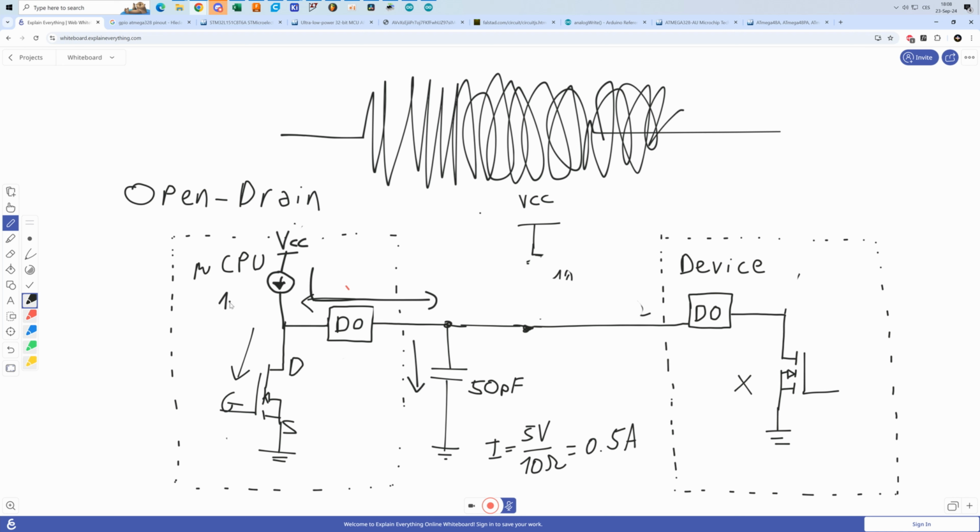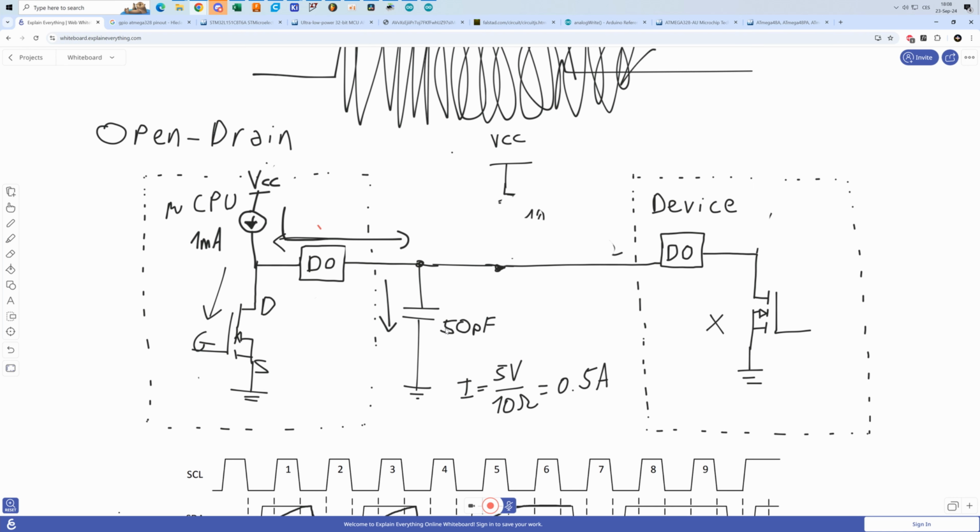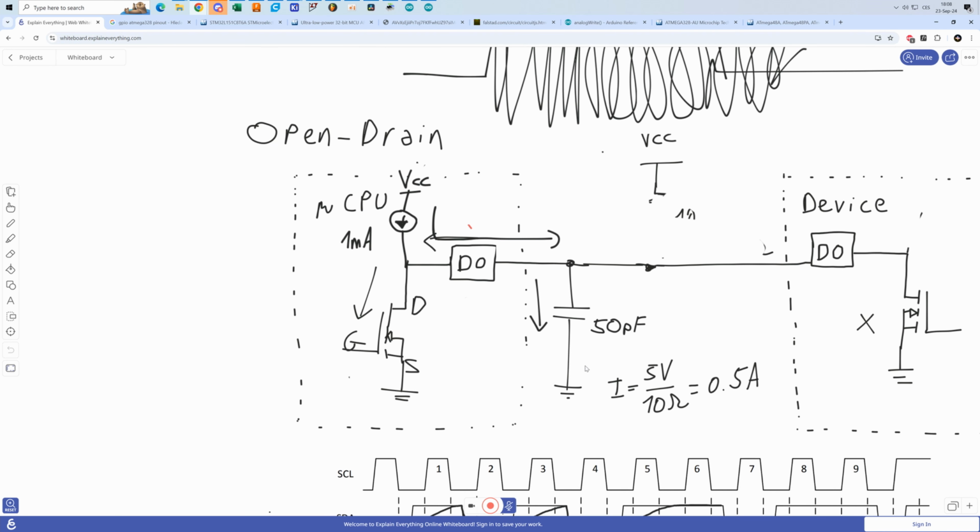For example, 1 milliampere, and that is very, very low current. Suppose that we have a 50 picofarad capacitor over here, and we want to charge it from 0 to 5 volts, and we have a 1 milliampere current source. Well, how long is that going to take?